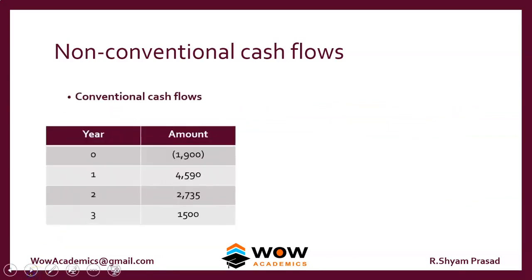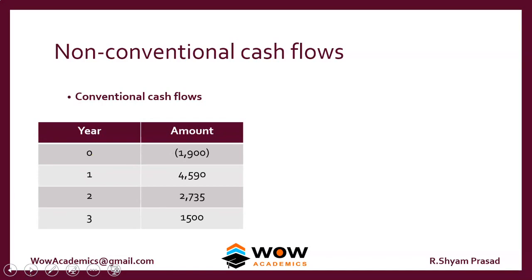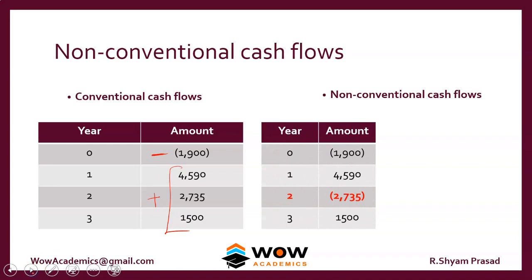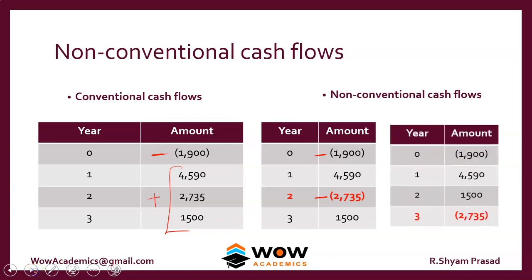A conventional cash flow looks like this. In the 0th year alone, the cash goes out. In all the other years, the cash comes in. In a non-conventional cash flow, in the 0th year the cash goes out, and also in some other future year the cash goes out. We will also see another example.